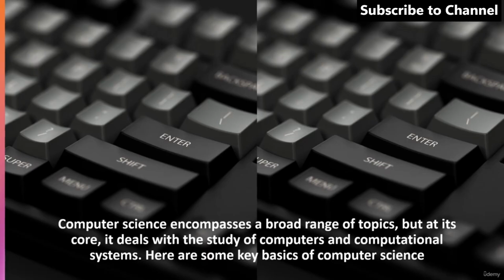So computer science basically encompasses a broad range of topics, but at its core it deals with computers, computer systems, and everything surrounding computers. Computer science started in the 1980s. Then in the 1990s you had the internet, and everything started to boom.